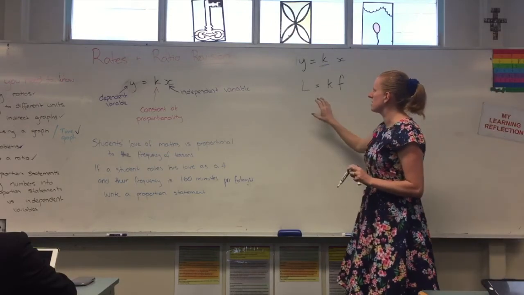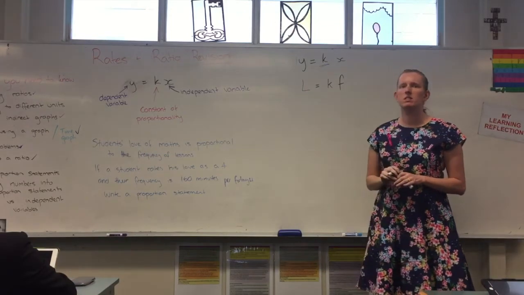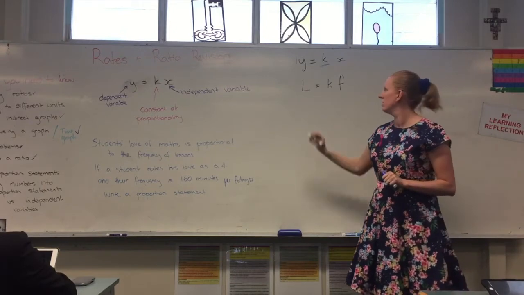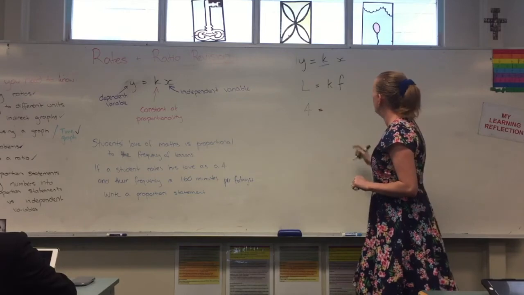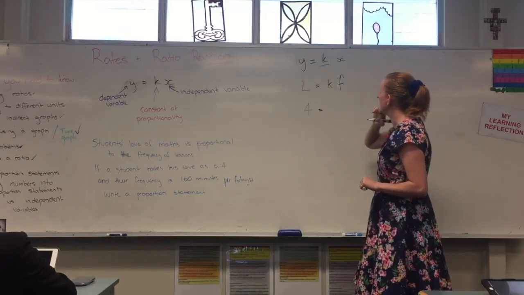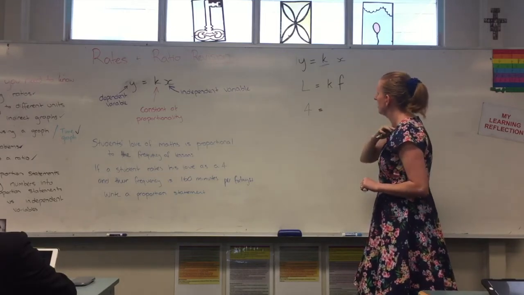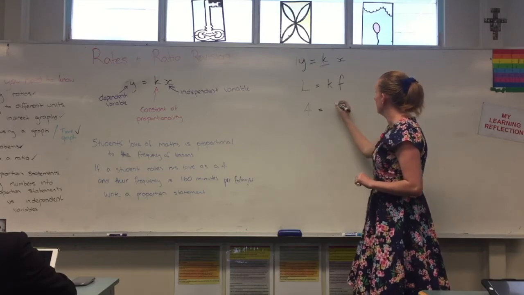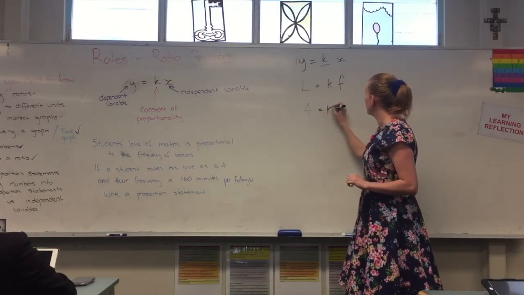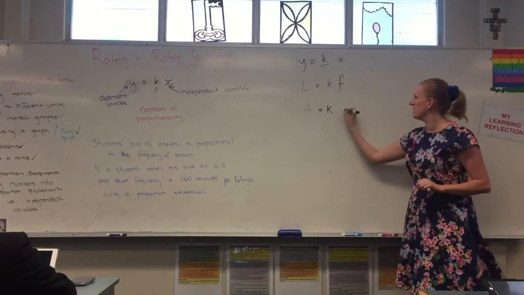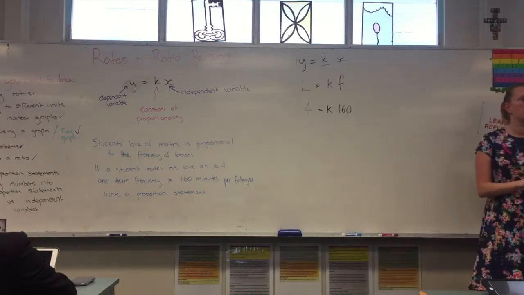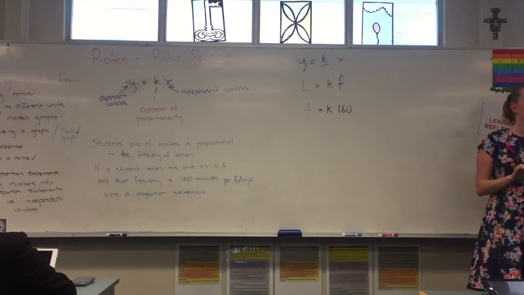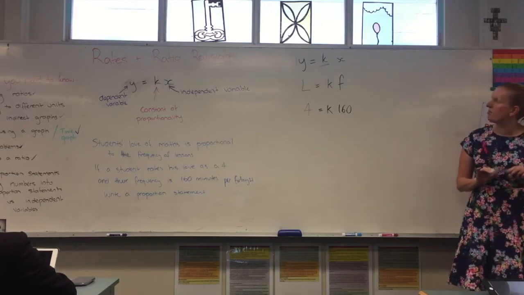Okay, now it tells us, what did the student rate their love as being? 4. And then what? Oh, hang on, this isn't going to work out. The frequency is 160. Yeah, you know what? We'll get a decimal, but it doesn't matter. Okay, and frequency was 160. So now what am I going to do? I'm finding k.